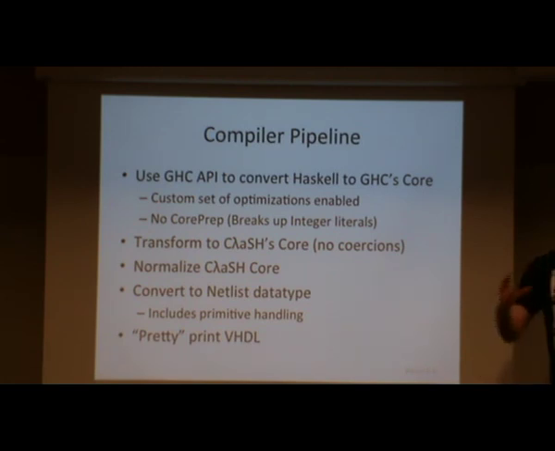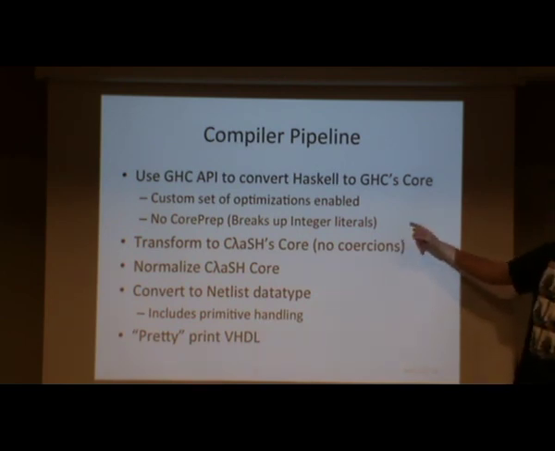Basically, we go from Haskell code to core. I have a custom set of optimizations enabled, since some aren't as beneficial for hardware as others. Also, I don't care about all the STG and Cmm customizations. I have a core.